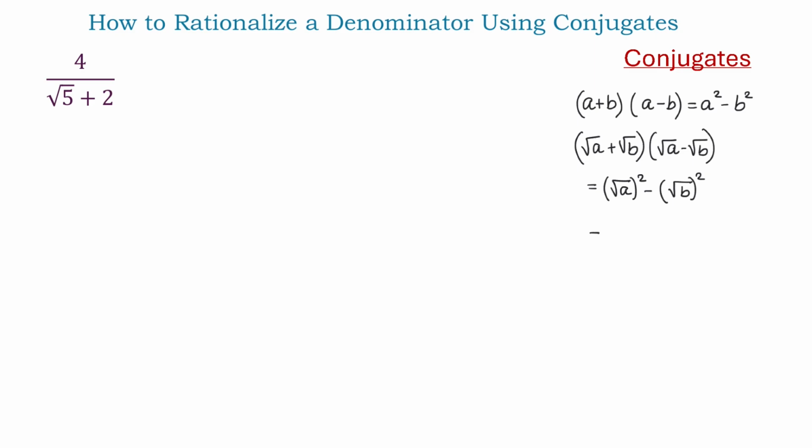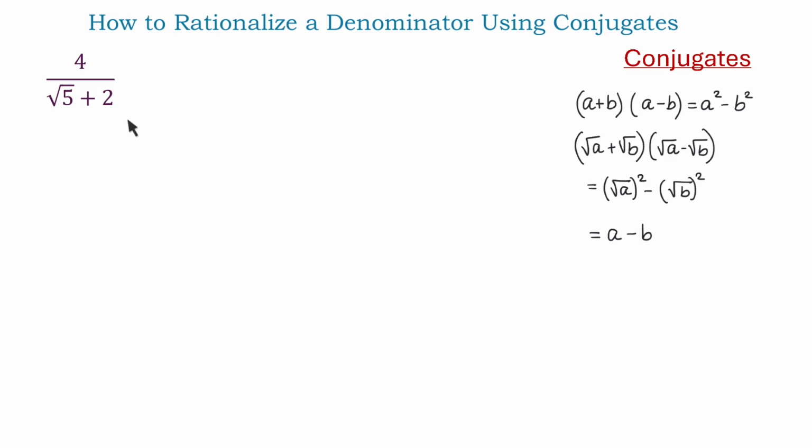Then square root of a squared is a, and square root of b squared is b. So if we multiply square root of a plus square root of b by its conjugate, we will get a minus b. So notice that if we multiply a radical expression by its conjugate, we eliminate the radicals.